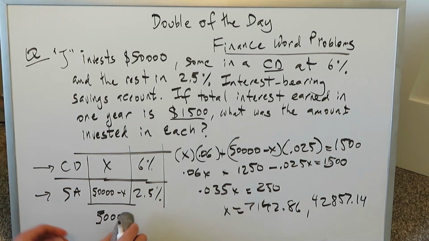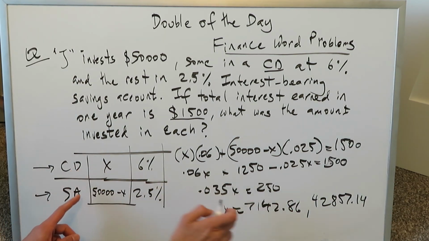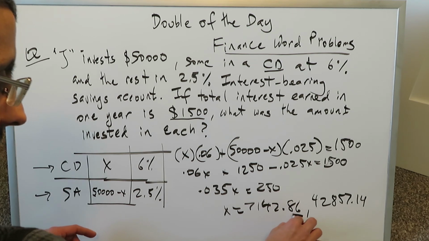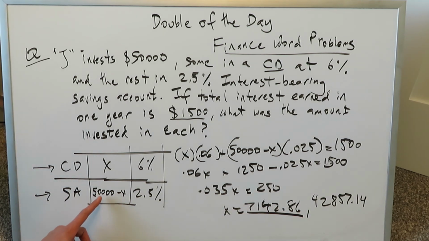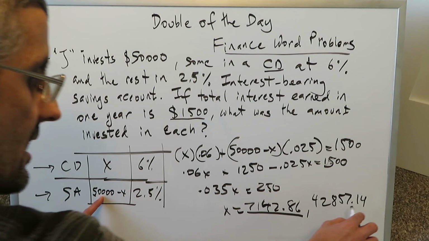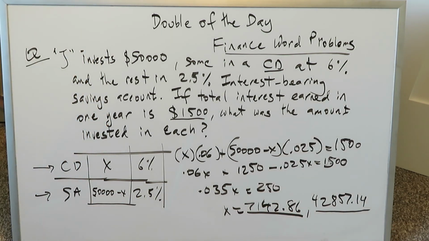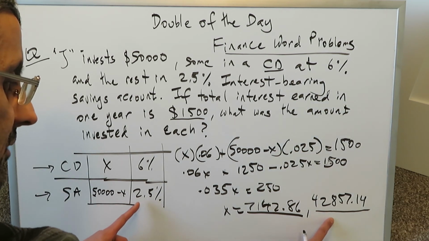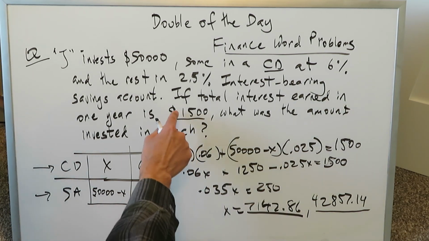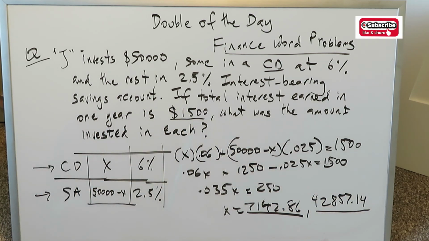So to answer the question, how much was invested in the CD? $7,142.86. How much was placed into the savings account? $42,857.14. If you were to multiply this by 6% and multiply this by 2.5%, add them up, you'll get your $1,500, the interest earned over that year.